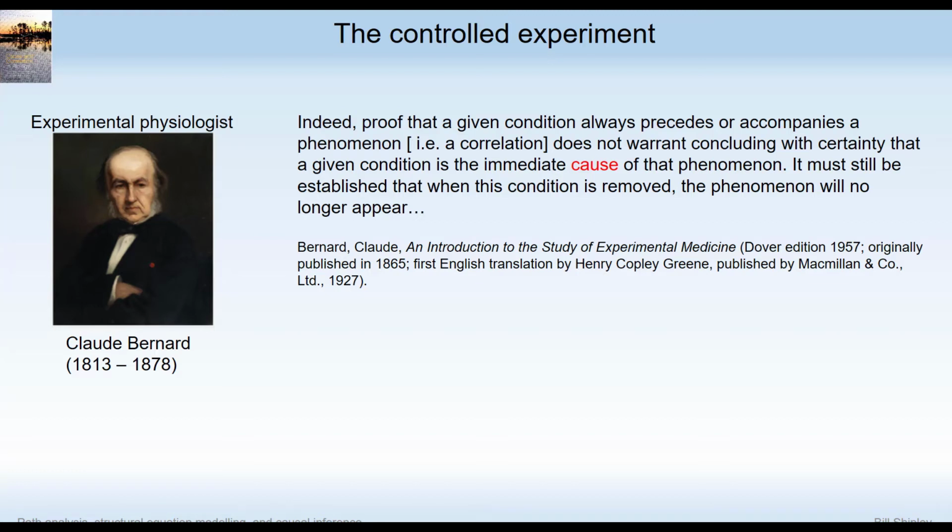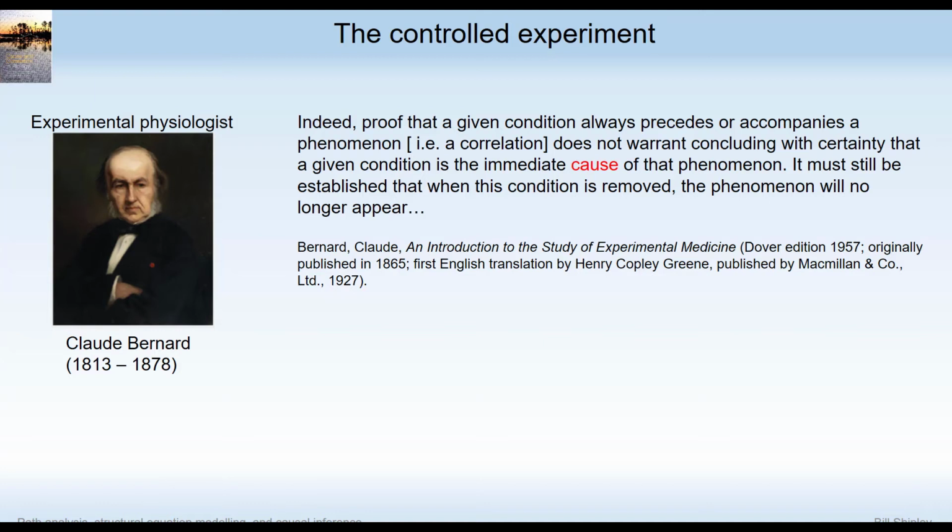And I'm just going to give you a quick quote here. In the English translation, the quote is: to say that, indeed, proof of a given condition always precedes or accompanies a phenomenon. So here he's talking about a correlation, of course. And he says that this does not warrant concluding with certainty that a given condition is the immediate cause of that phenomenon. So here he's simply saying that observing an association, a correlation, is not evidence in itself of a cause-effect relationship.